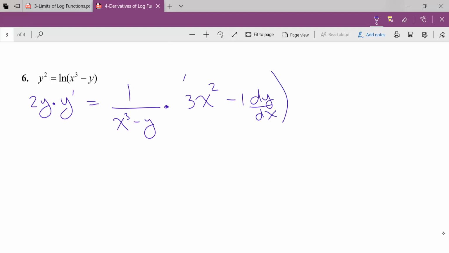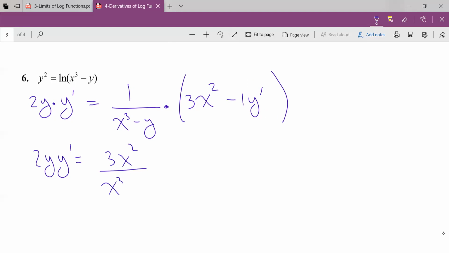Now what we need to do, just like we did before with implicit differentiation, is we have to isolate for dy dx or y prime, however it is you want to write it. So what we're going to have to do here is distribute and get rid of those parentheses there. So what we're going to have is 3x squared over x cubed minus y, minus y prime over x cubed minus y, just like that.